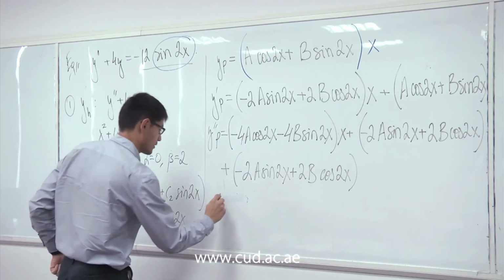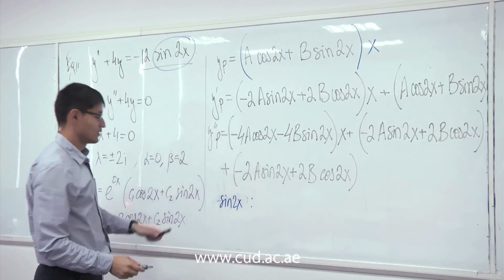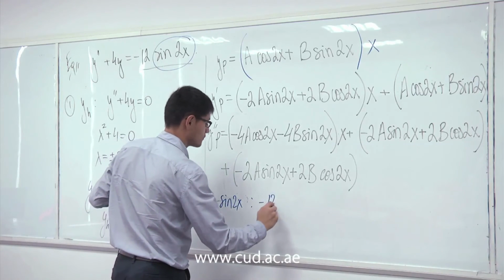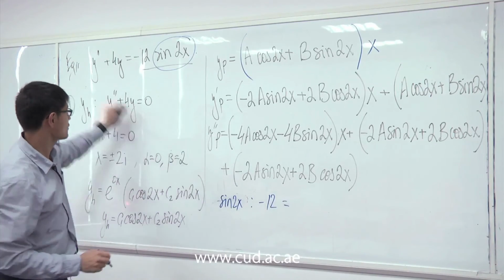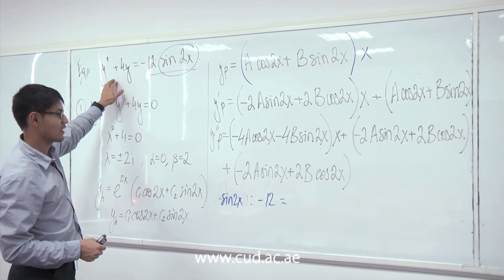So let's think about the term sine 2x. The coefficient of sine 2x on the right-hand side is negative 12. And that has to be equal to the coefficient of sine 2x on the left-hand side.